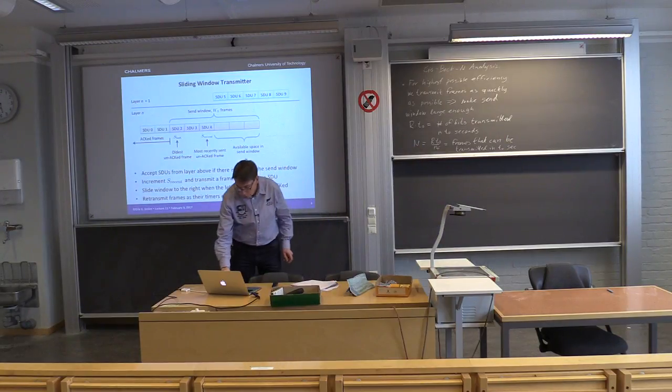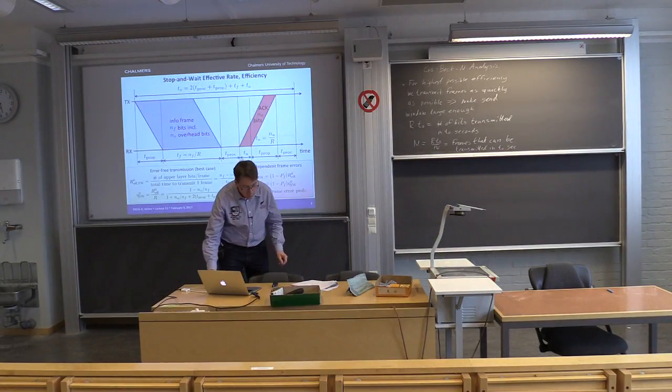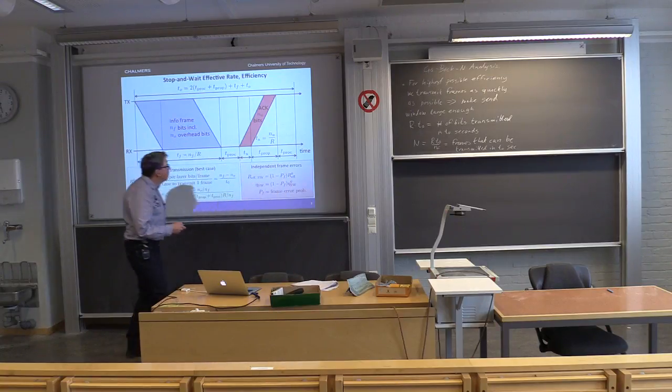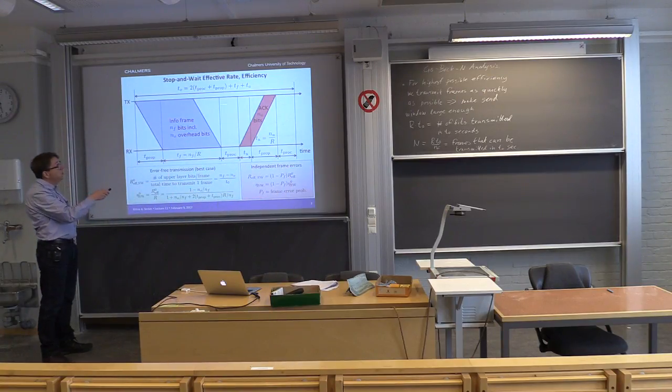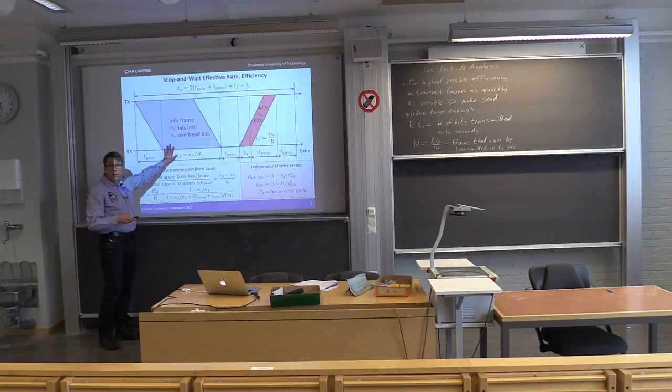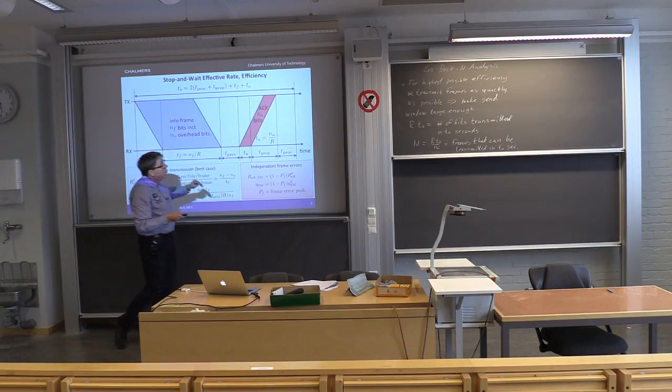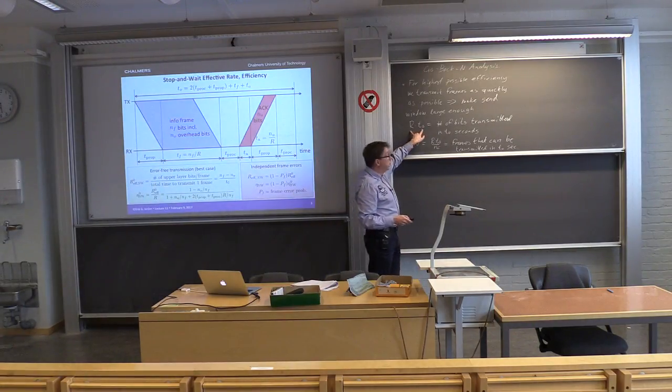Okay. So just to make clear here, for Go Back N, it took T0 seconds before we can transmit the next frame, right? So if we want to fully occupy the channel, we would like to transmit frames continuously during T0 seconds. So how many frames can we transmit during T0 seconds? Well, we can transmit this number of bits, the data rate of the layer below us, times the time we have at our disposal.